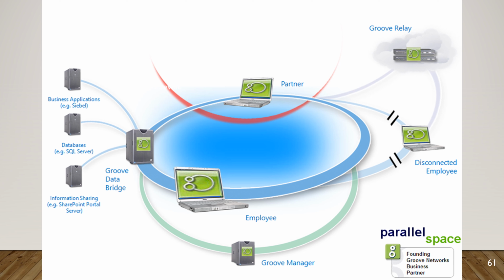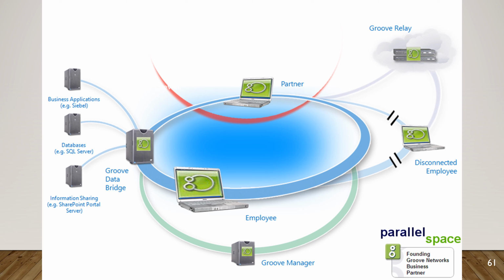Again, Web 7.0 was inspired by the Groove Workspace product, a decentralized group collaboration platform. It's actually a Windows application that ran on a Windows computer. You'd create workspaces. You could add tools for managing calendar, a tool for managing files, tasks.